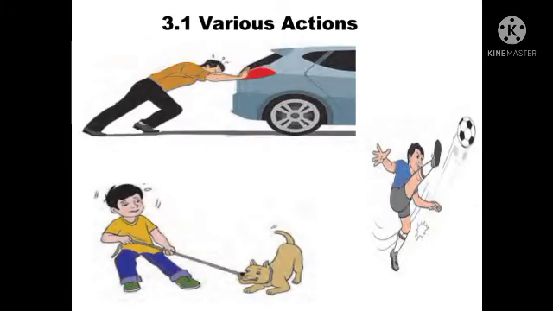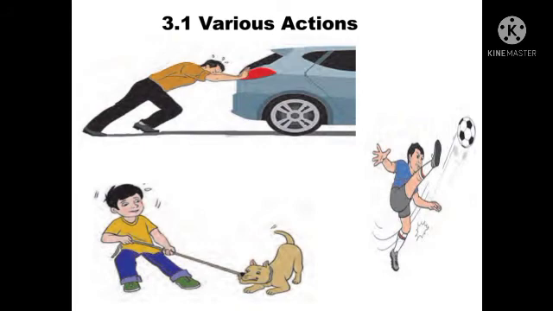Now students, observe the various pictures carefully. What is your observation? In the first figure, you can see a car moves in the forward direction when a man applies force from behind. In the second one, a reluctant dog is being pulled by his master, and a boy playing football is kicking the ball away in the third figure.